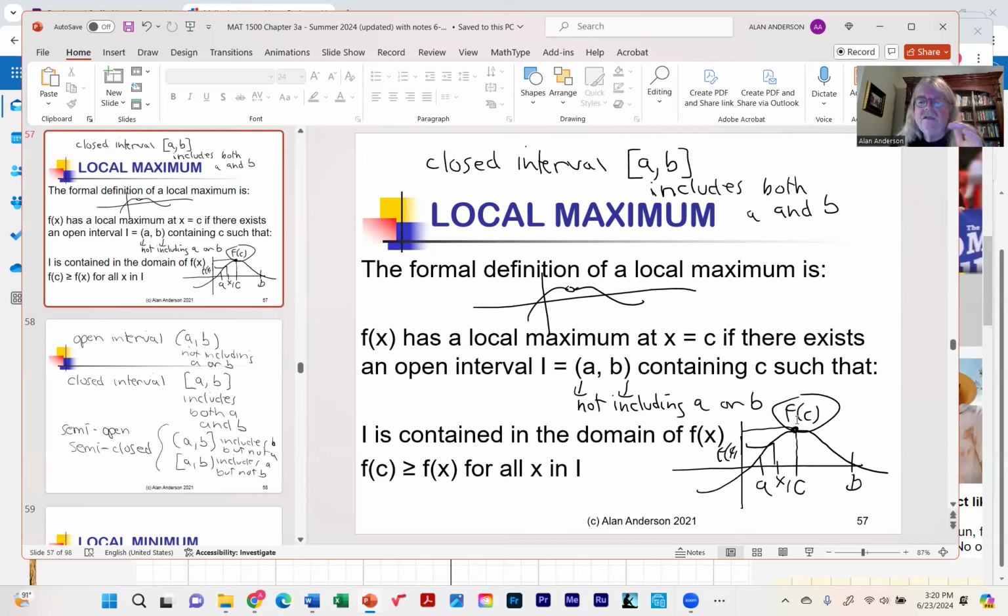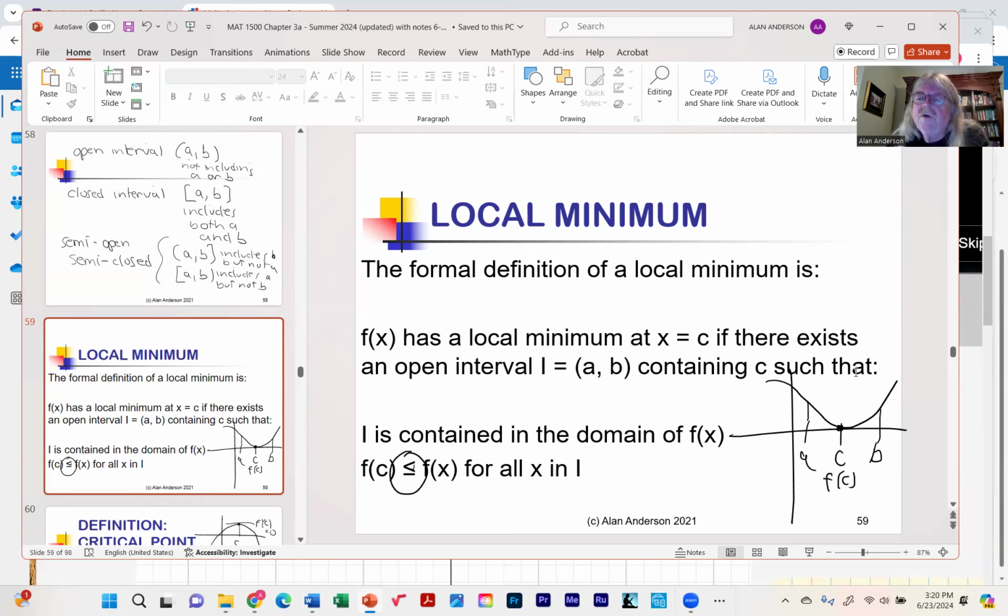That makes this a local maximum. And of course, the reverse for local minimum. There's no place in that interval where the function gets any smaller. Now, of course, we're going to need to figure out where these are, if they exist.